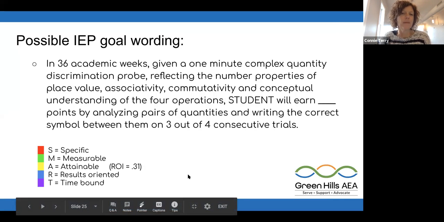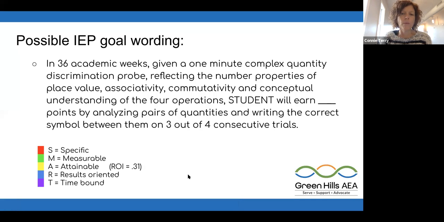In 36 academic weeks, given a 1-minute complex quantity discrimination probe, reflecting the number properties of place value, associativity, commutativity, and conceptual understanding of the 4 operations, student name will earn blank points by analyzing pairs of quantities and writing the correct symbol between them on 3 out of the 4 consecutive trials.